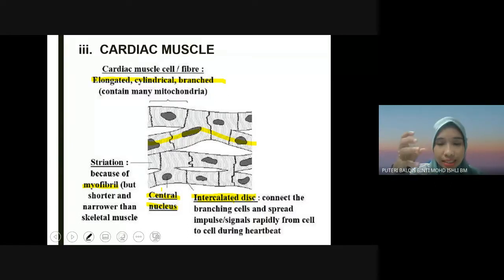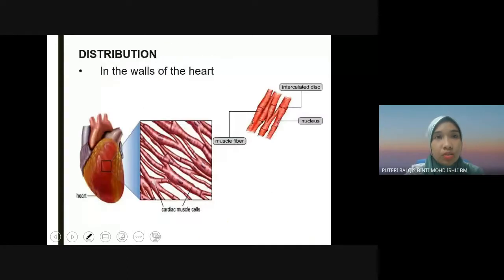So the function of intercalated disc is to signal rapidly or spread the impulse from cell to cell during heartbeat. So during heartbeat, impulse akan travel lebih laju bila kita ada intercalated disc.